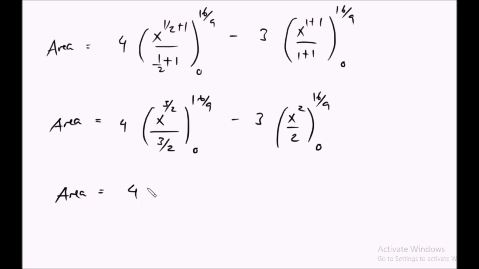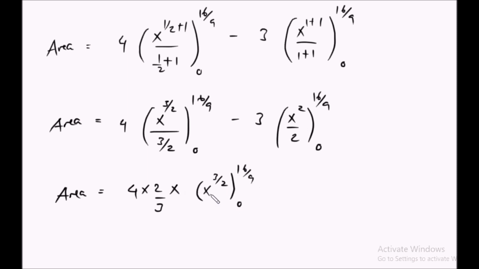So it will be 4 times 2/3. Taking out this 3/2 upside down becomes 2/3. So times x power 3/2 from 0 to 16/9.